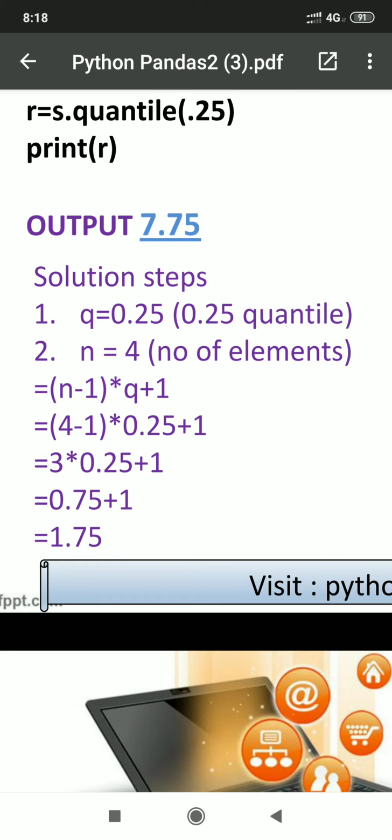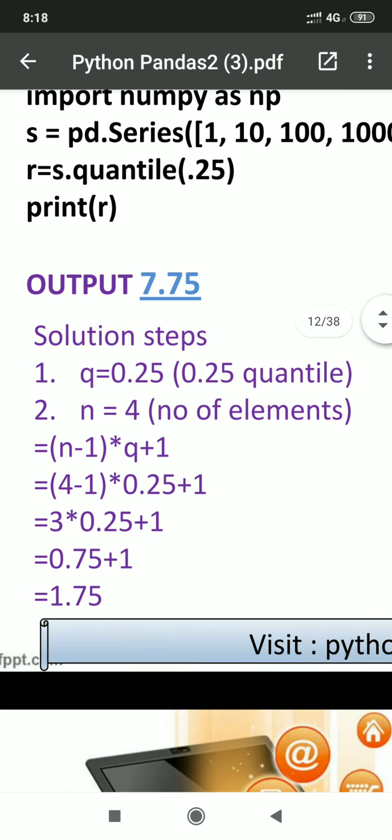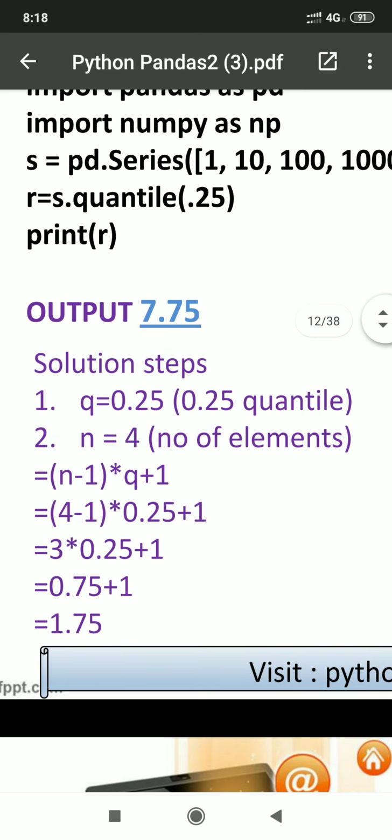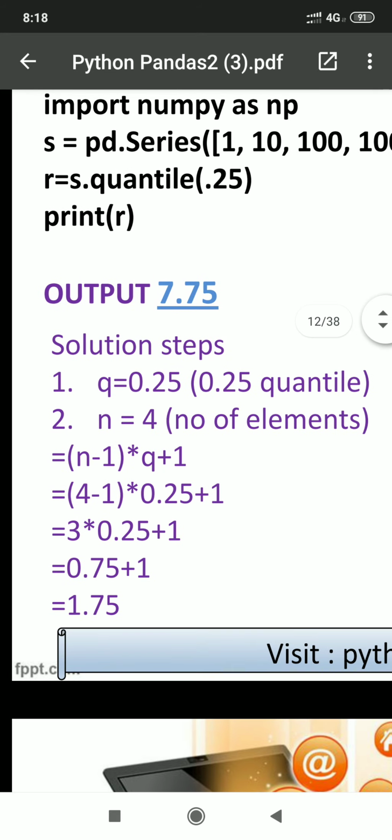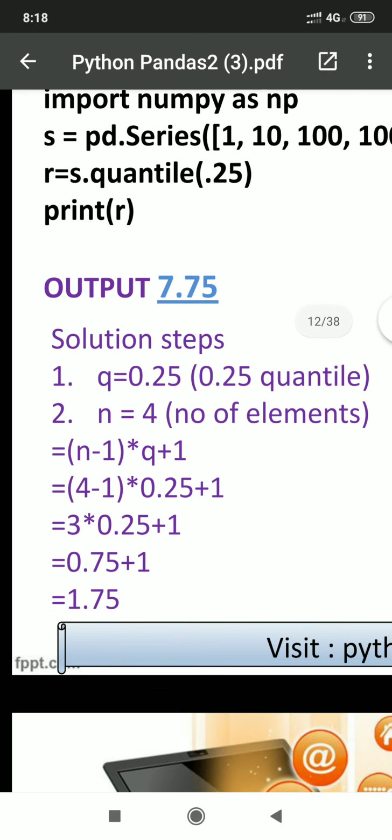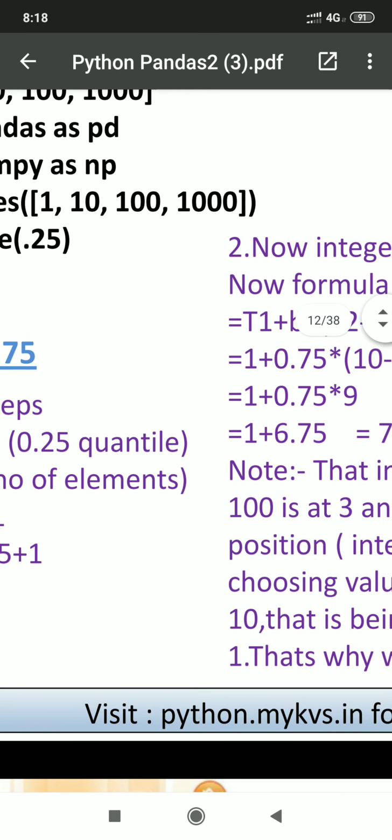So 3 multiplied by 0.25 will be 0.75, plus 1, it will be 1.75. So the result of this step is 1.75. It is not our result. It may be considered as the position.